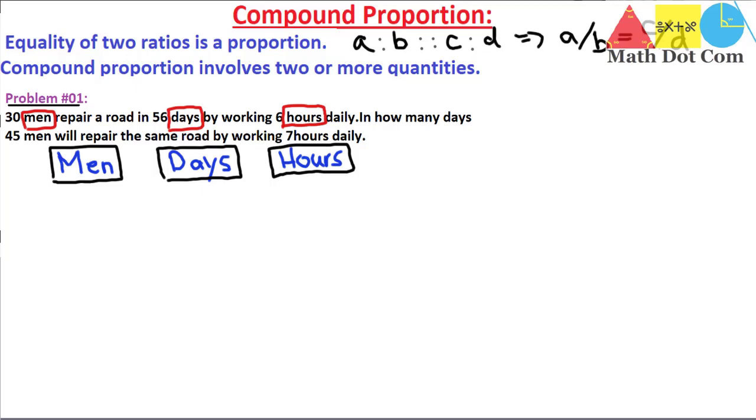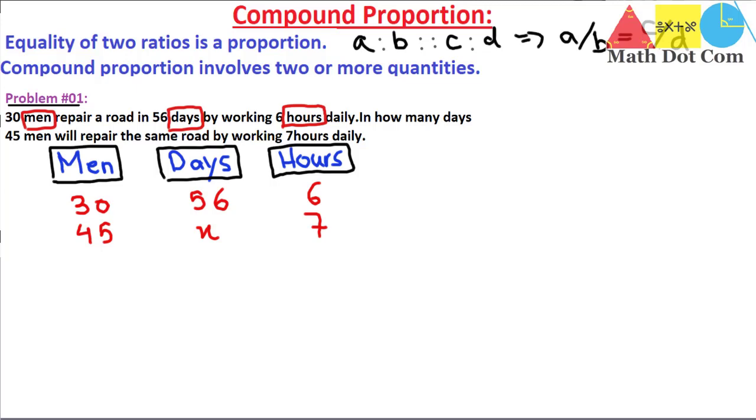First is the 30 men. 30 men repair a road in 56 days by working 6 hours daily. In how many days? The unknown is how many days, so days is X. 45 men will repair the same road by working 7 hours daily. So we have written the given values of the different quantities, and let's see how we can solve it.